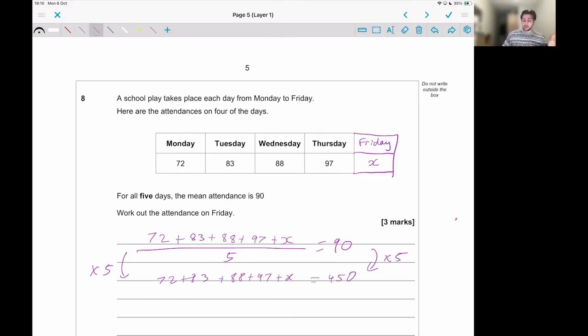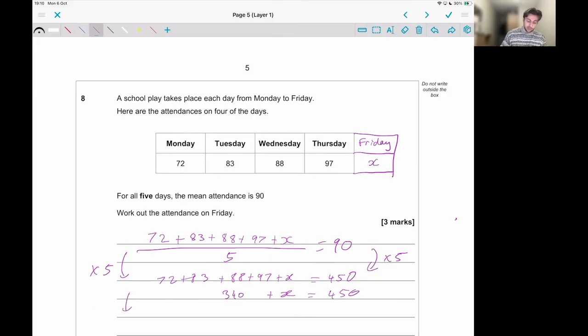Then we're going to add up all those numbers on the left-hand side, because there's a lot of them. So 72 plus 83 plus 88 plus 97. You're going to get 340. And now all we need to do is get X on its own.